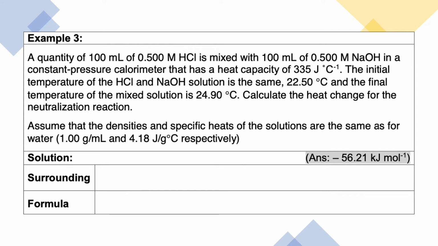Now in this question, of course, this is the quantity like the previous questions, and then you are given the heat capacity of the calorimeter, and then also the change of temperature, which is from 22.5 to 24.9. And also it gives you the specific heats of solutions.